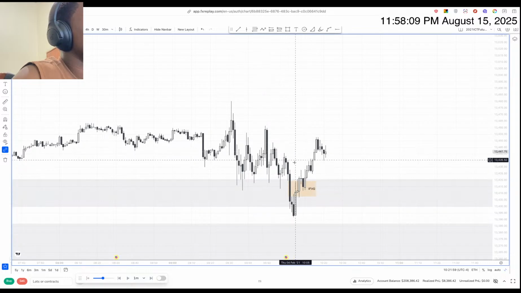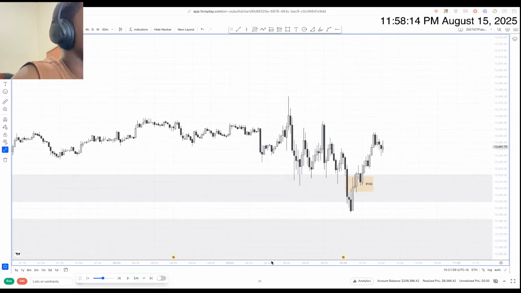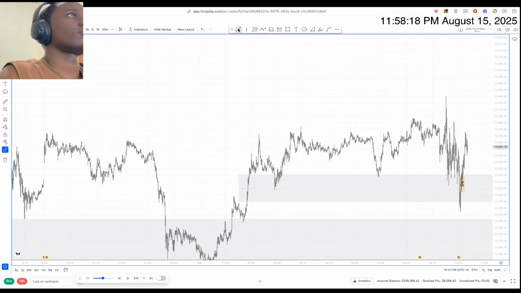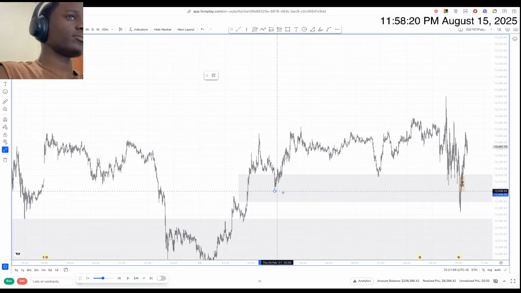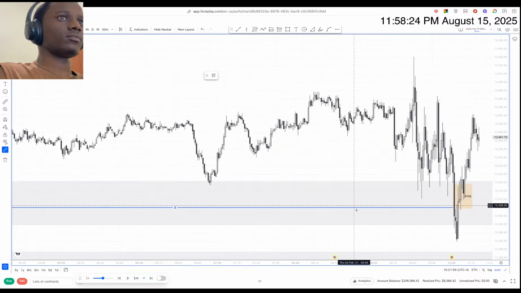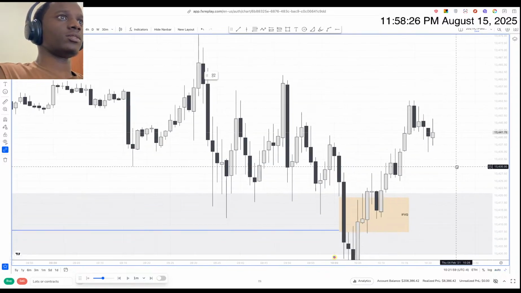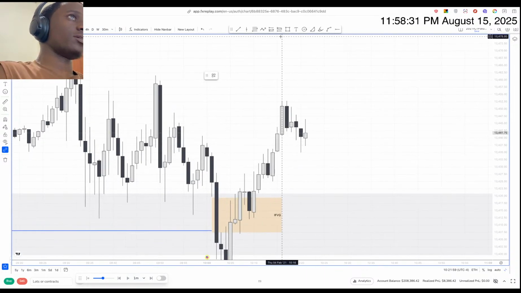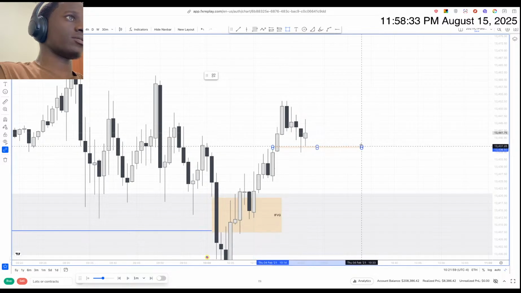Shift here, and this price leg, this is the first fair value gap that we get after this sweep. This low here. Something here. In this price leg, do you see any fair value gap? There's none, except for this one here.